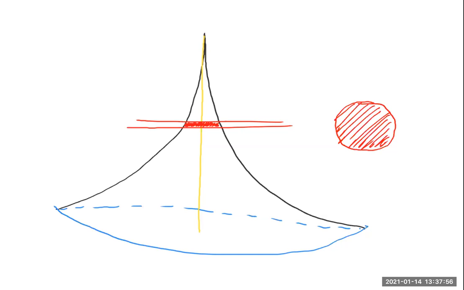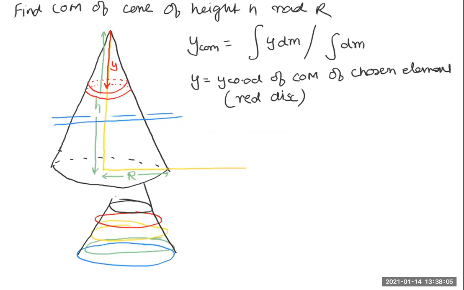Okay, so I hope समझ में आया है. So we get y coordinate is minus y. Okay, I'm just taking the downward direction as minus.